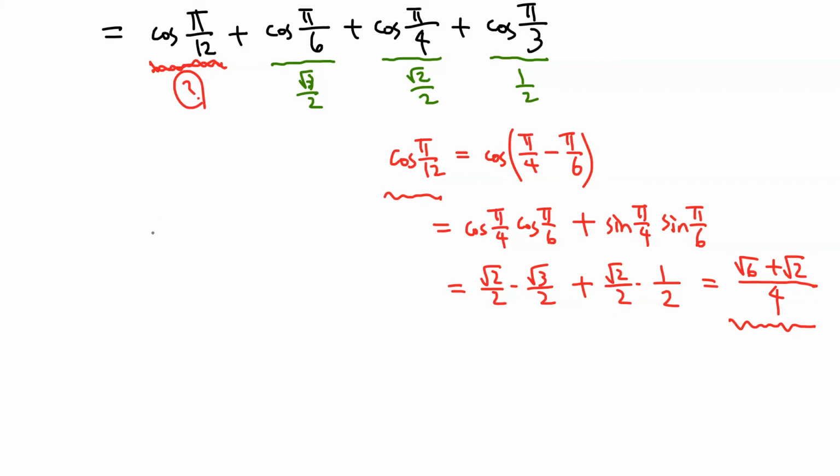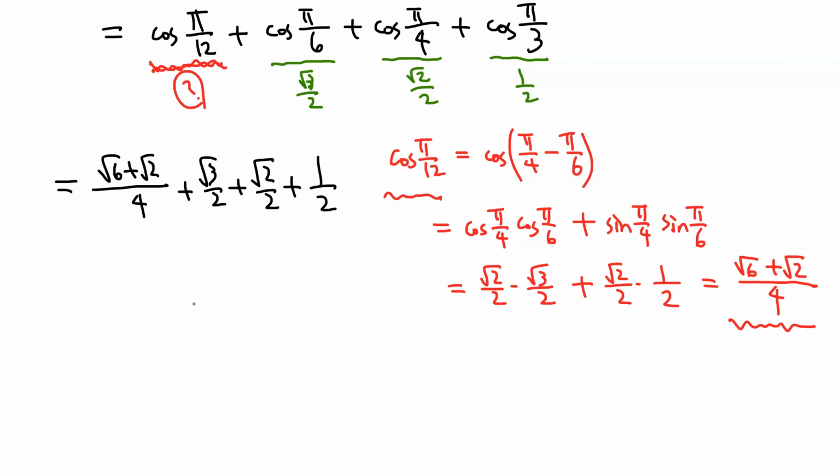So if we use that value, we have square root of 6 plus square root of 2 over 4 plus square root of 3 over 2 plus square root of 2 over 2 plus 1 over 2. So let's add them up using 4 as the common denominator.